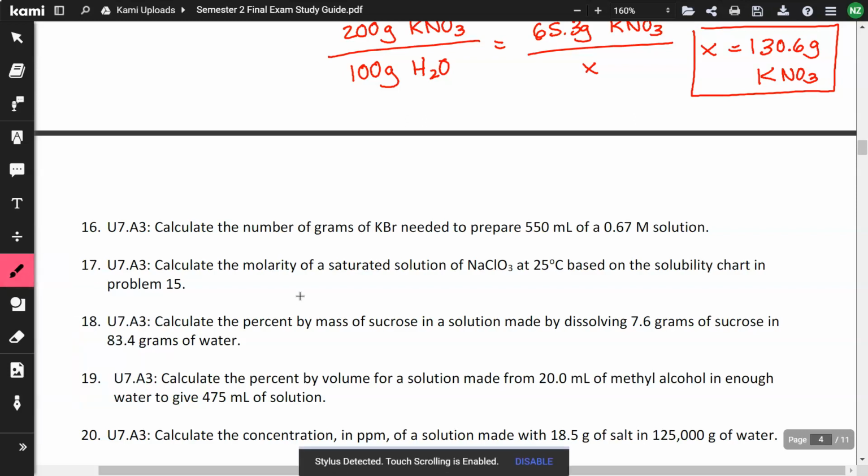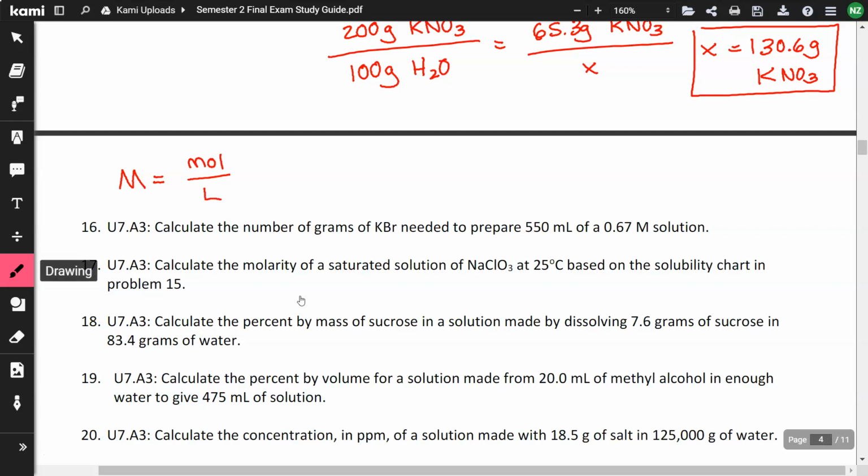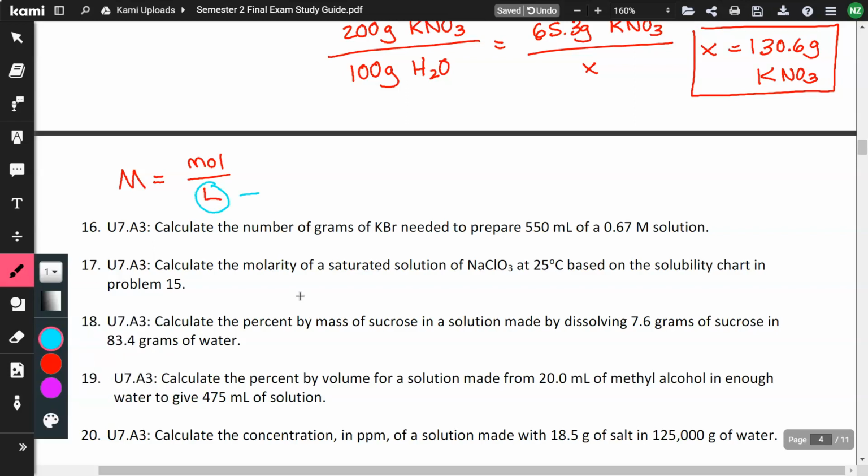The molarity equation is capital M equals moles over liters. Okay, so couple things here. This has to be in liters. 1 liter is equal to 1,000 milliliters. So if it gives you milliliters like it did in the question here, you do need to convert.